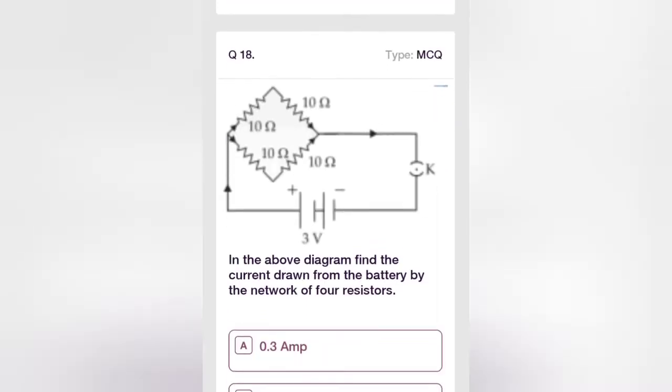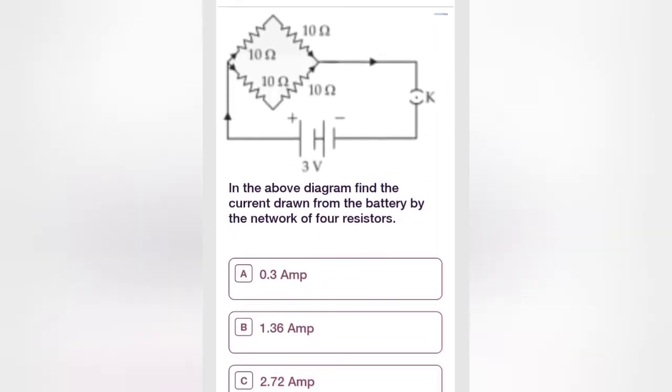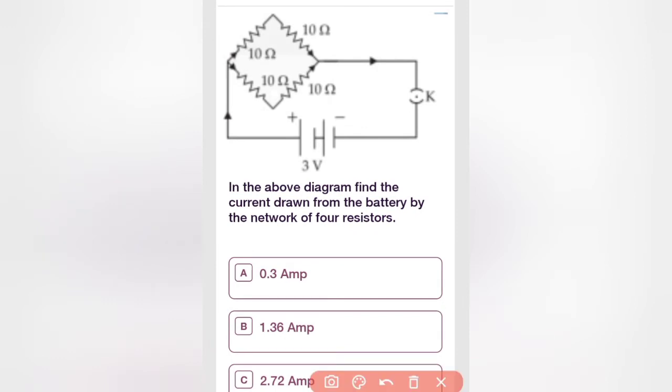Okay, next. Here in the 18th problem, in the above diagram, find the current drawn by the battery. So we need to find this current. How to find this current? These two resistances are in series, so we can write this resistance and this resistance.